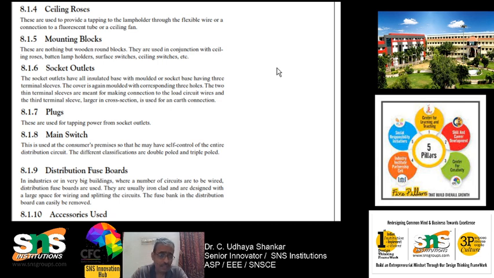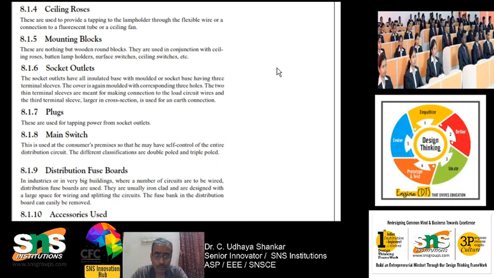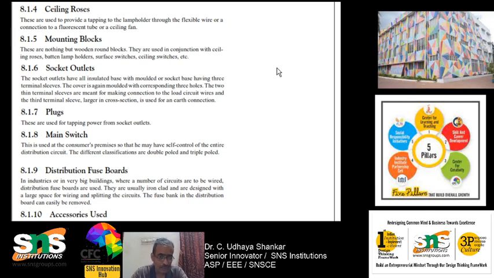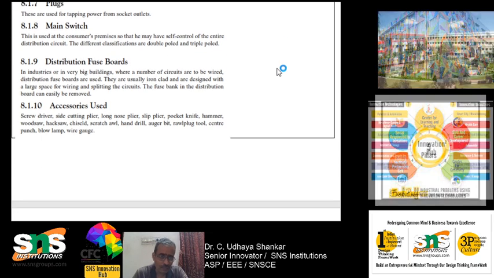The next is ceiling roses. These are used to provide tapping to a lamp holder through a flexible wire, or connection to a fluorescent tube or a ceiling fan. Then what do you mean by mounting blocks? These are wooden round blocks. They are used in conjunction with ceiling roses, batten lamp holders, as well as surface switches, ceiling switches, etc. Like that you have socket outlets, and plugs as well.